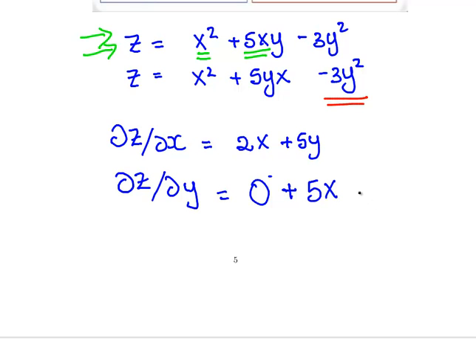Minus 3y squared, that is minus 6y, just a normal derivative with respect to y. So what we have here is 5x minus 6y. So those are our two first order partial derivatives: the partial derivative of z with respect to x, and the partial derivative of z with respect to y. Okay, that's good so far.